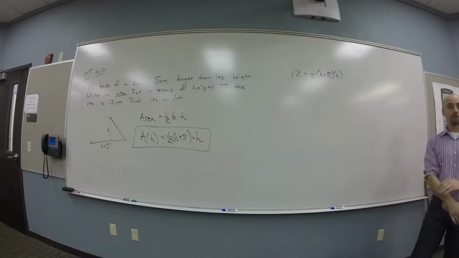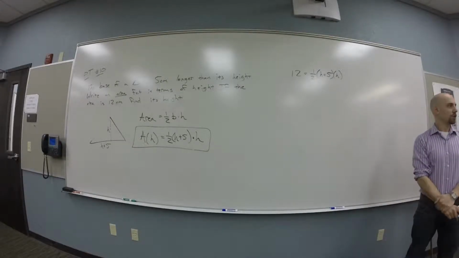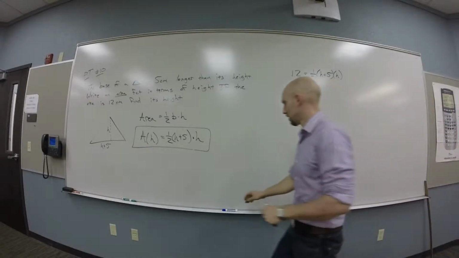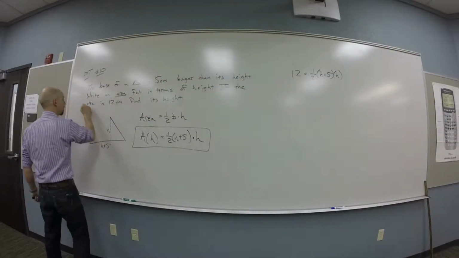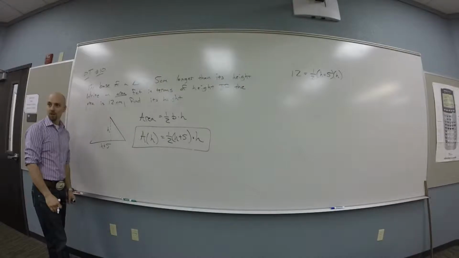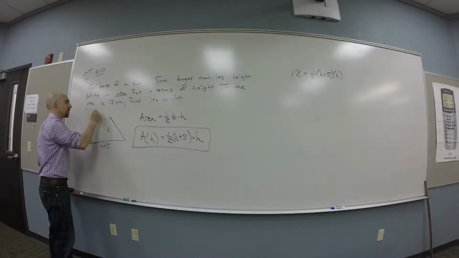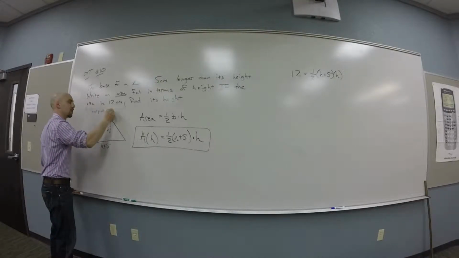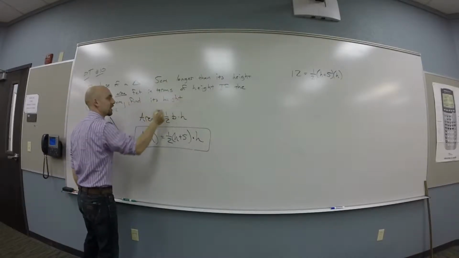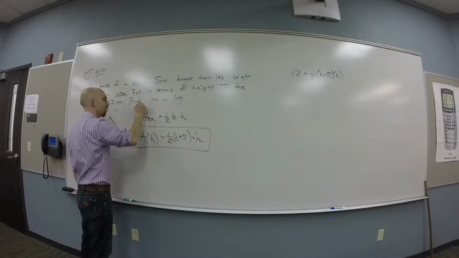I'm looking to solve for h, right? You guys all see that phrase here? Area equals 12 is telling me output is 12. Find its height is asking what's the input.